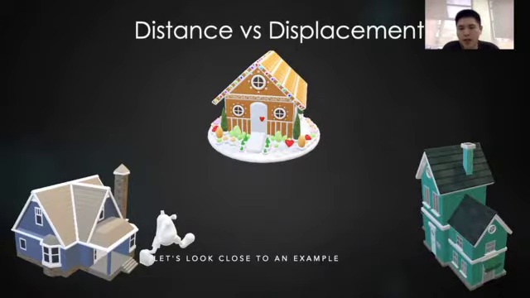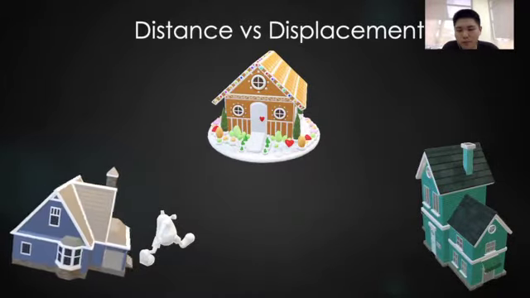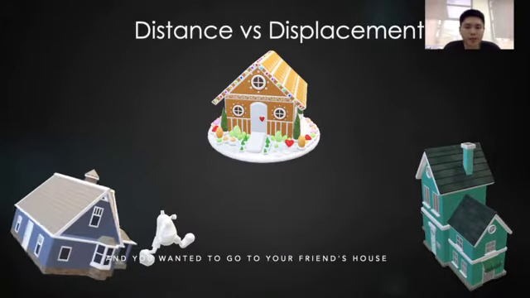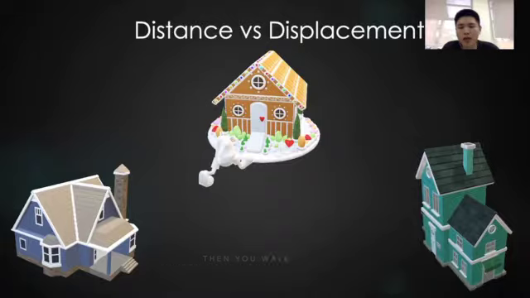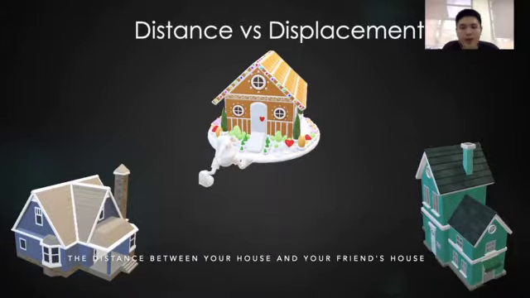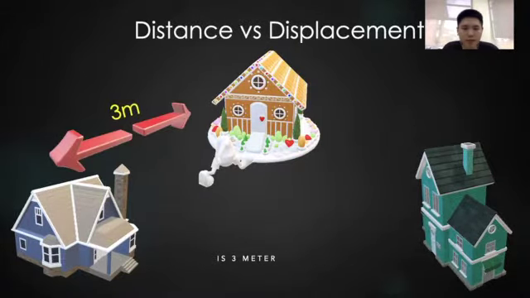Okay, let's look closer at an example, because in this chapter, we're going to look at distance and displacement. That's the core concept. Let's say your house is the blue one, and you want to go to your friend's house. You walk to your friend's house, and the distance between your house and your friend's house is 3 meters.